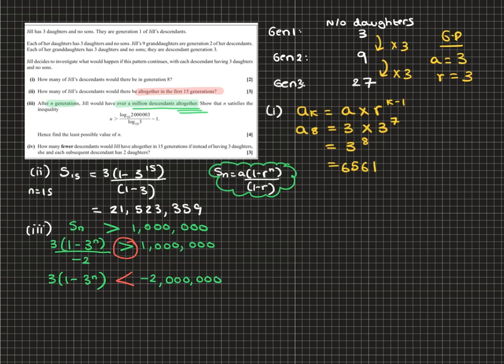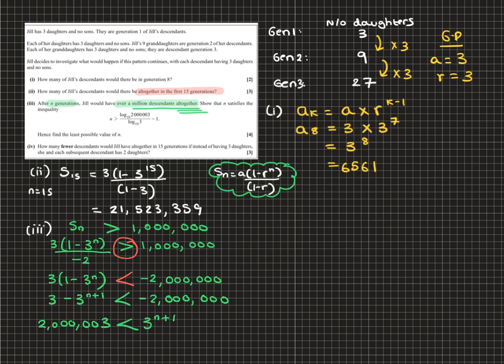I'll expand this bracket on the left, so that gives me 3 minus 3 to the n plus 1 is less than negative 2 million. And then I'm going to rearrange both sides. I'm going to add 2 million to both sides. So that gives me 2 million and 3 on the left-hand side. And I'm going to add 3 to the n plus 1 onto the right-hand side, like that.